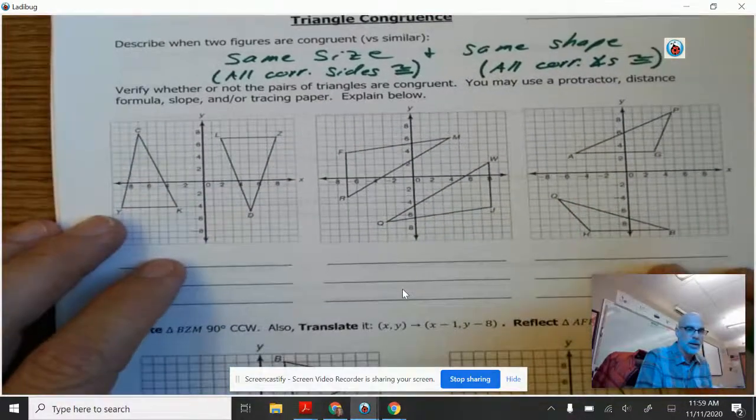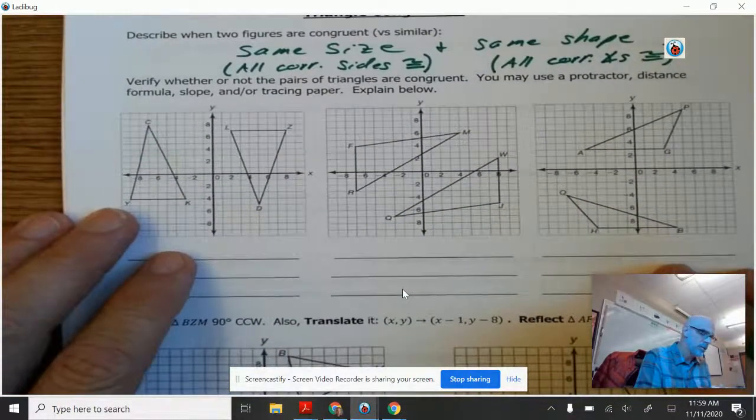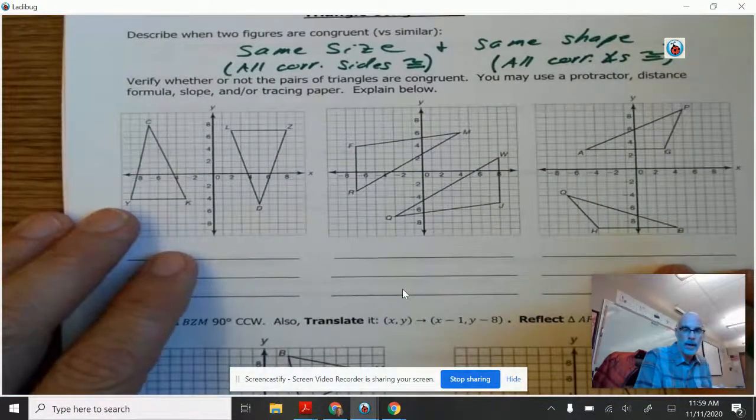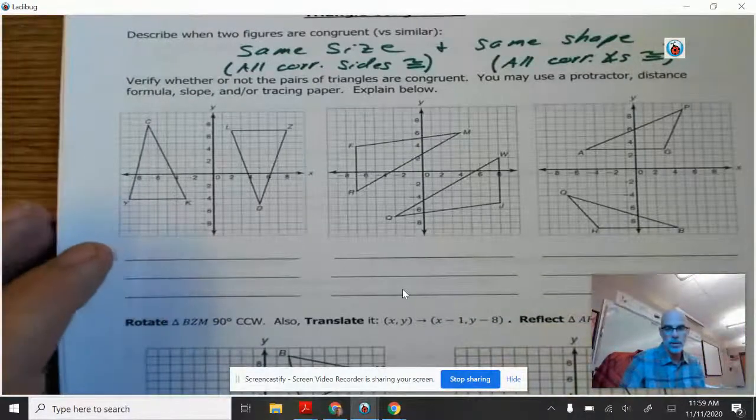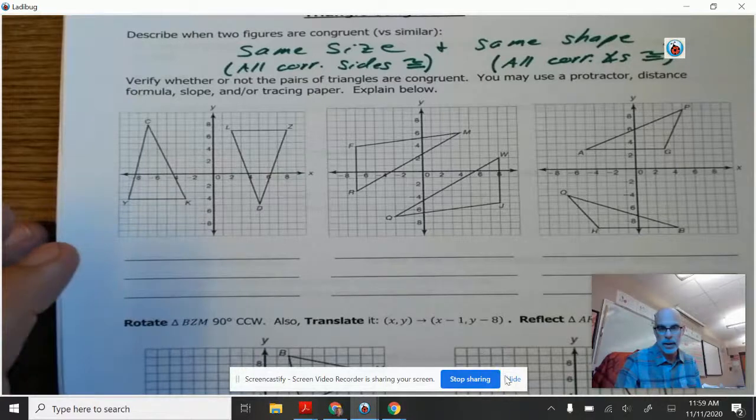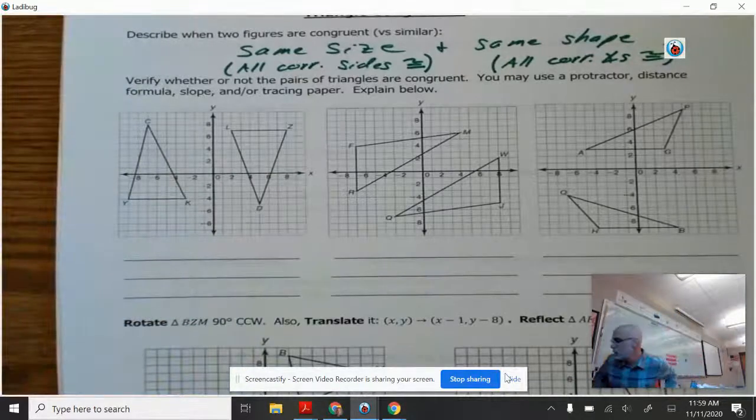And just to get your mind thinking back to similarity, the first few examples right here ask us to verify whether these two shapes are similar or not. One of the easy things we could do is to use some tracing paper and check and verify that.